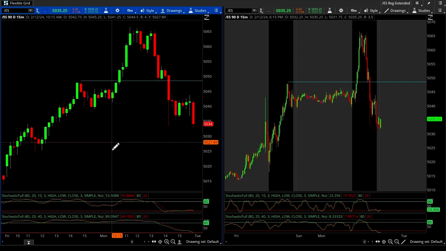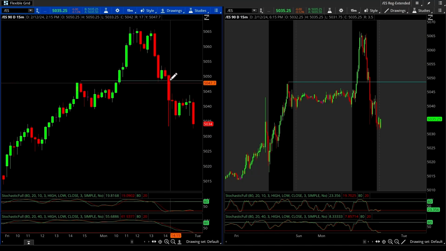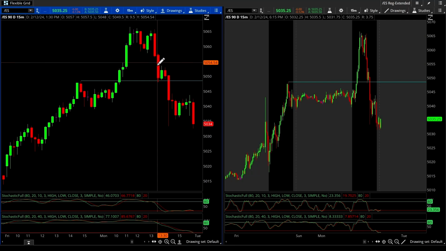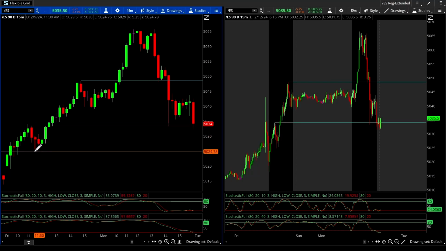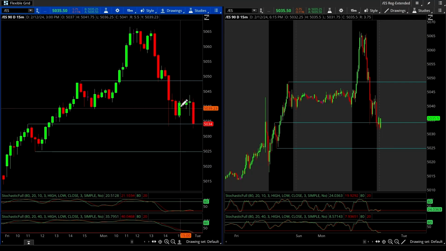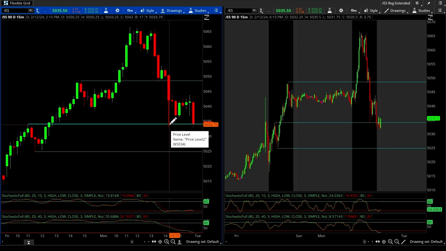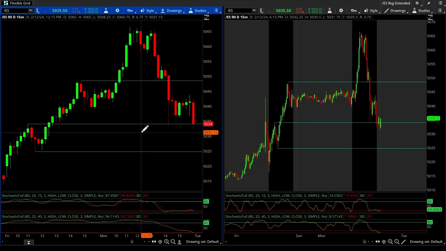But obviously you wouldn't have known how far it would have gone down. So you would have had this level in here, this level in here, and then look at this level. Probably would have had that level and then this one too. Thinking maybe this one or the next candle blows right down here.